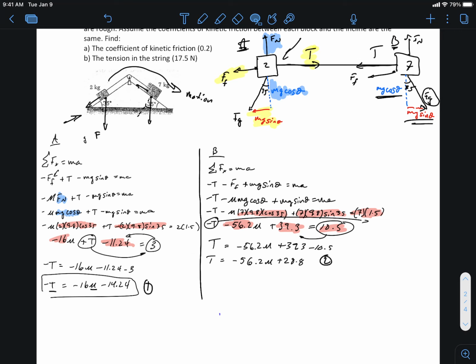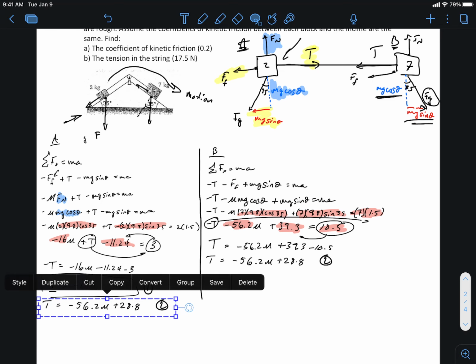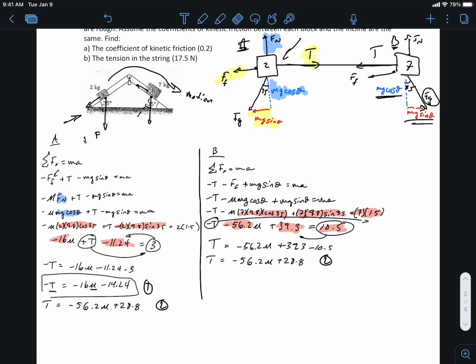Okay, I'm going to take it and I'm just going to move it from here over to here. And what happens? Well, it looks like I can add these two equations together.